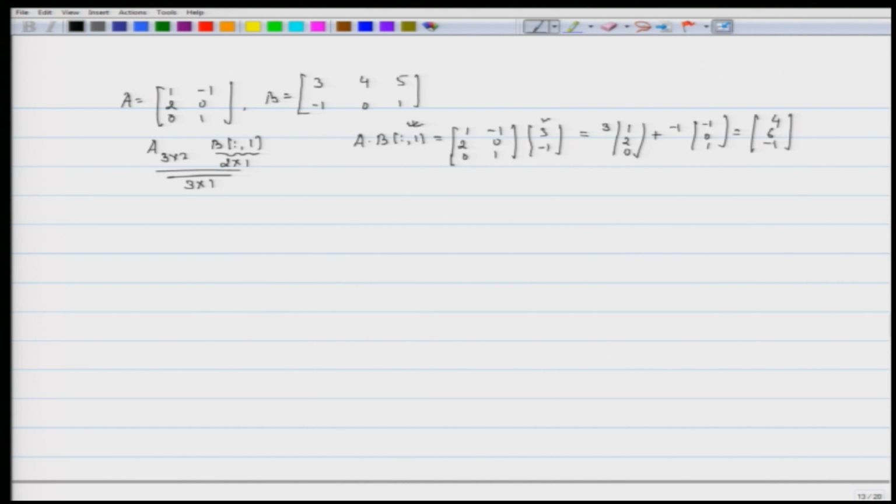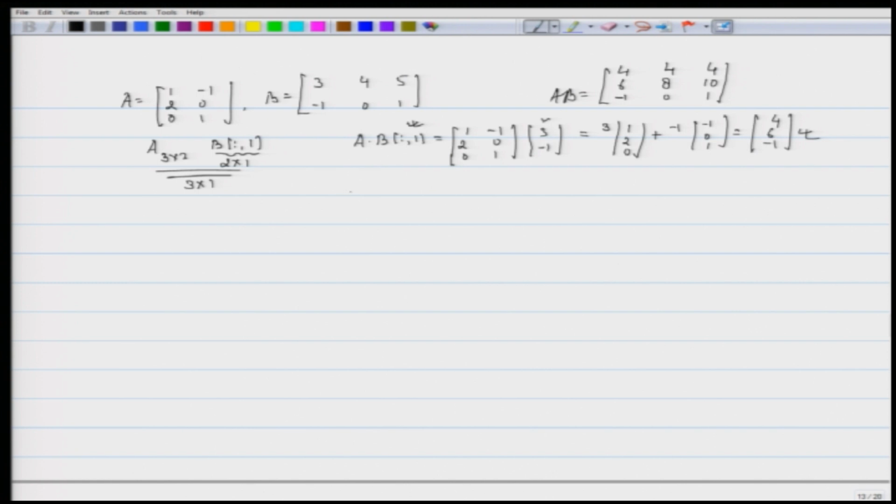I would like you to check that this is the same as in the previous example. So, let me write what AB was, so that you can match it: 4 4 4, 6 8 10, minus 1 0 1.